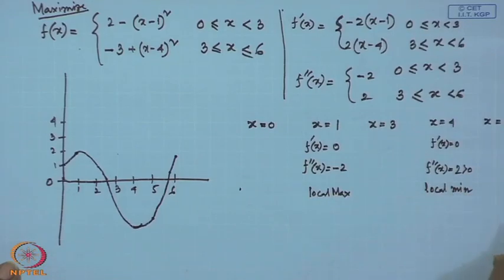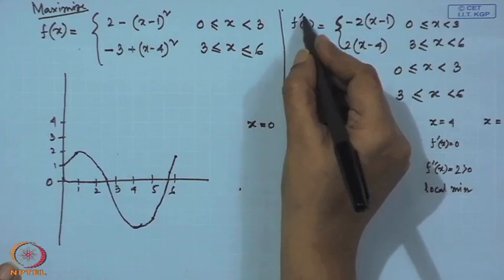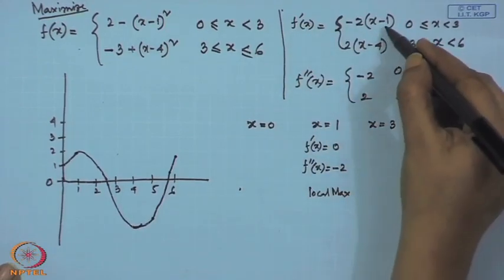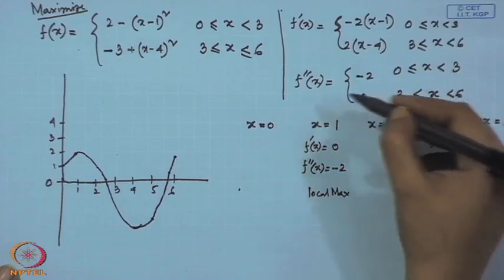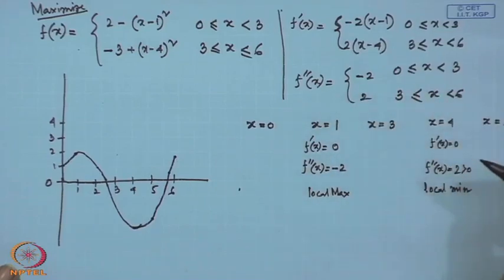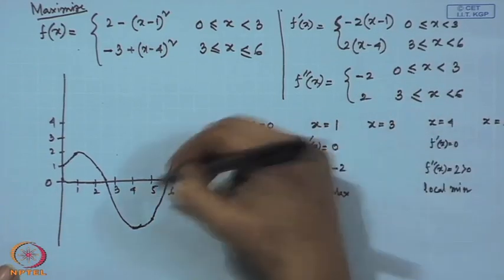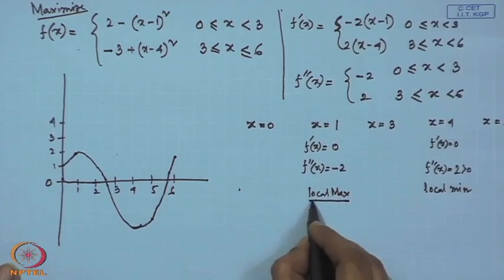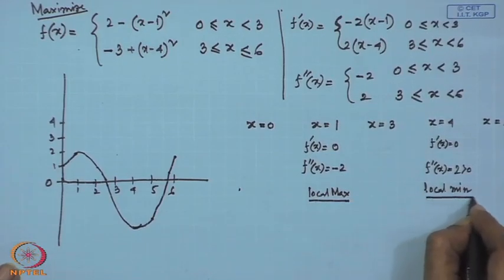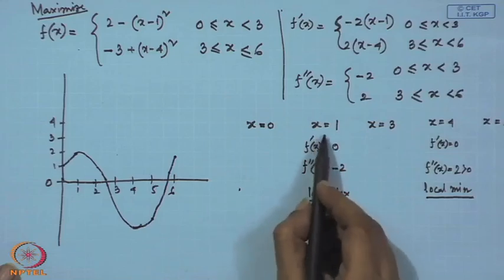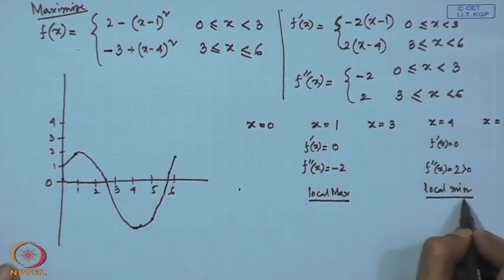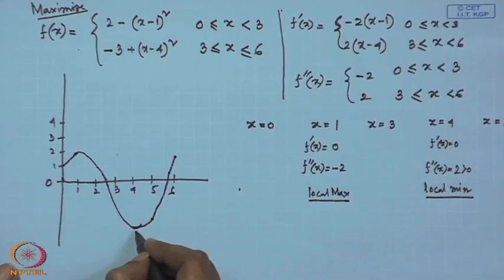Thus, if we equate f dot x equal to 0, we only get 2 points, x equal to 1 and x equal to 4. Using the classical optimization technique, we can conclude that this function has only 2 extreme points. One is a local maxima and the other is a local minima: local maxima at x equal to 1, as the graph certainly tells us, and at x equal to 4 the function has the local minima.